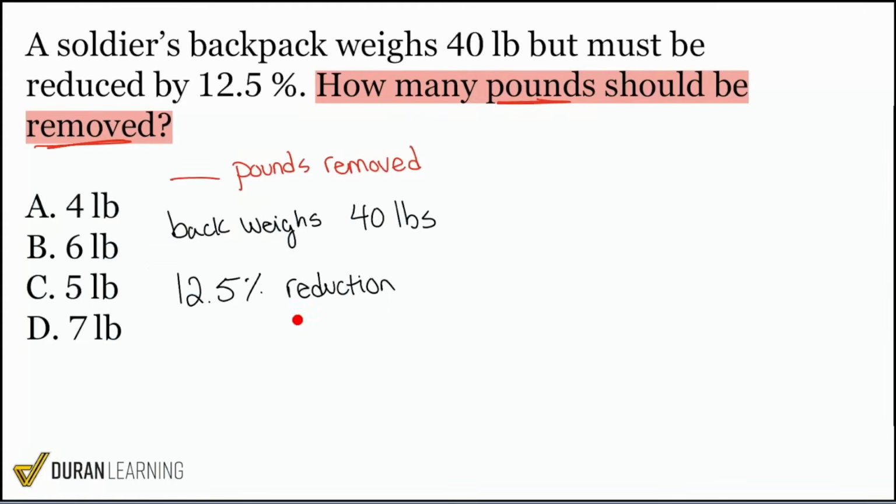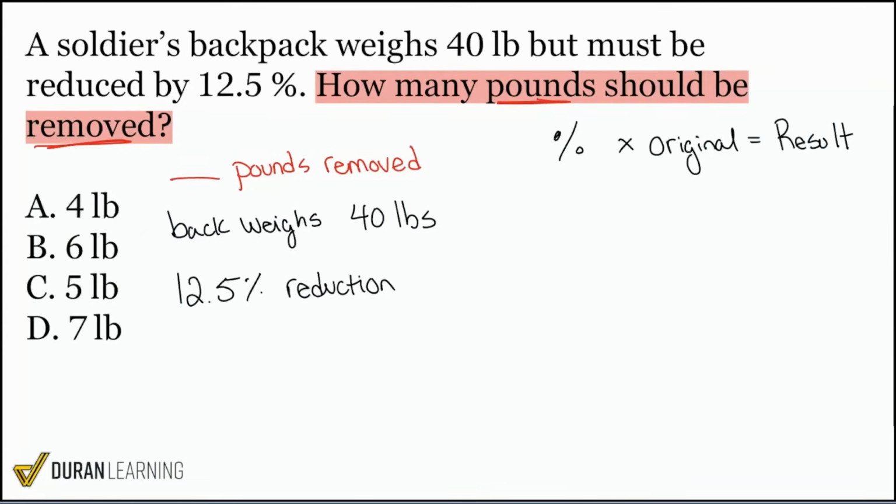If I'm trying to reduce by a certain amount, that means I'm removing a certain amount. Before I continue, does that make intuitive sense? Removing and reducing in this problem mean the same thing. All right. Now let's think about that formula: the percent times the original amount equals the result.